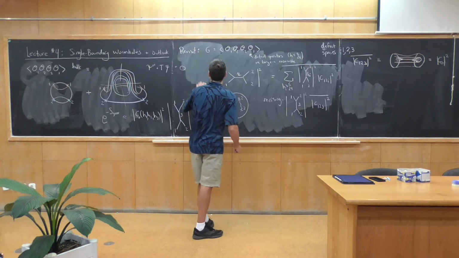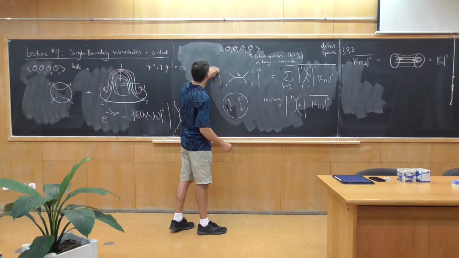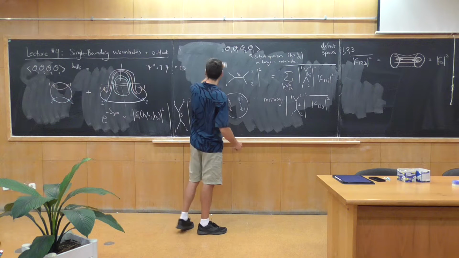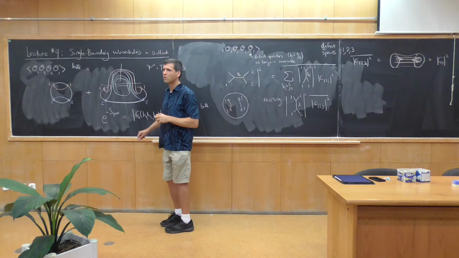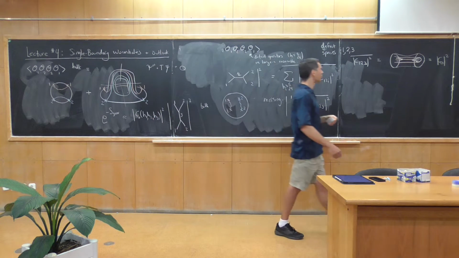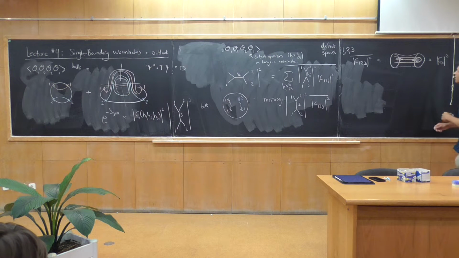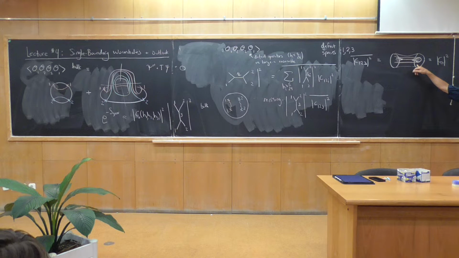So what's a metric of this wormhole? Of this wormhole? Yeah. So the metric, the way to get the metric is to start with this metric, which I wrote down yesterday, and then take this quotient.